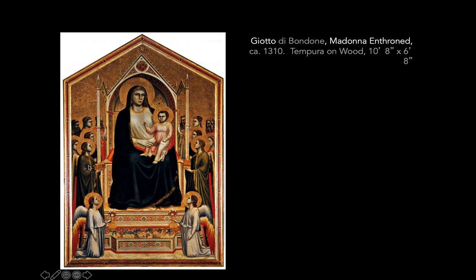So clearly this type of altarpiece, a Madonna enthroned with angels, with Old Testament prophets, was a type commissioned by the church, by commissioning bodies. But even within those limitations, Giotto is doing something quite different and quite radical from Cimabue.